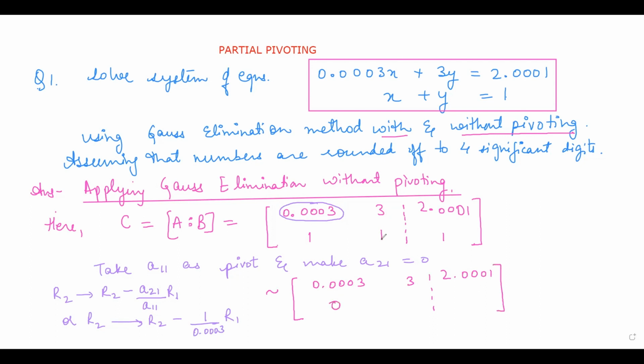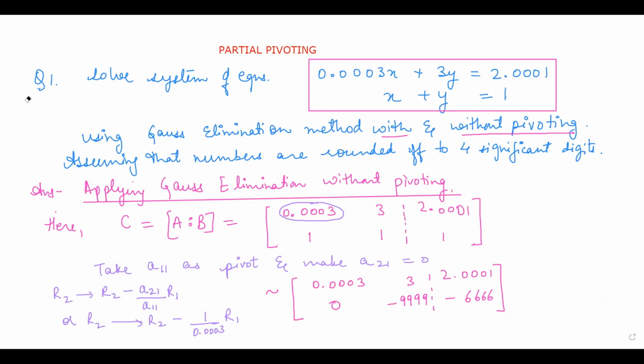And this you can calculate. This would be 1 minus 3 times 3 upon 0.0003. So this becomes 1 minus 10,000, that's nothing but minus 9999. Similarly, when you calculate this, it comes out to be minus 6666.